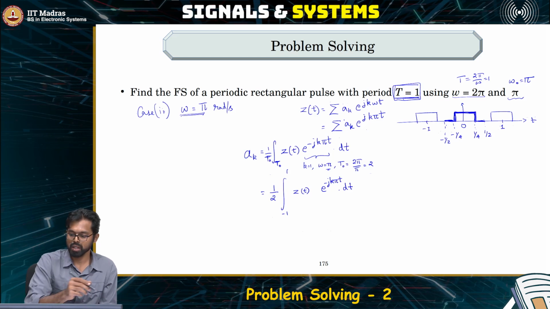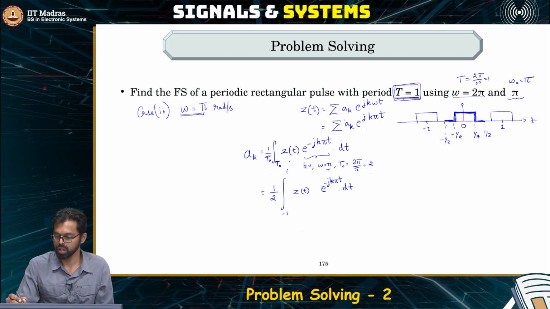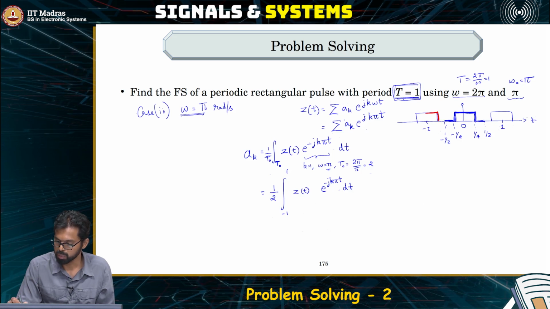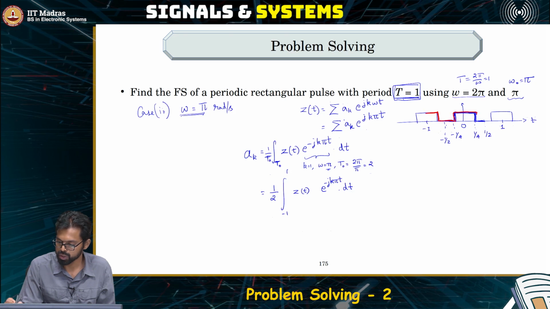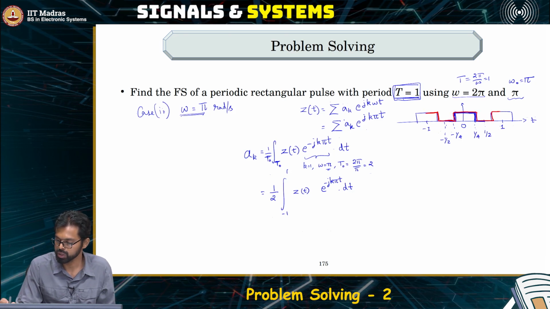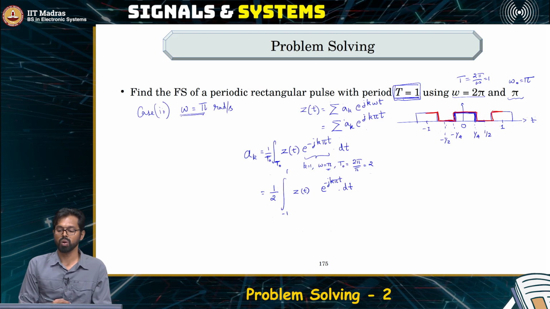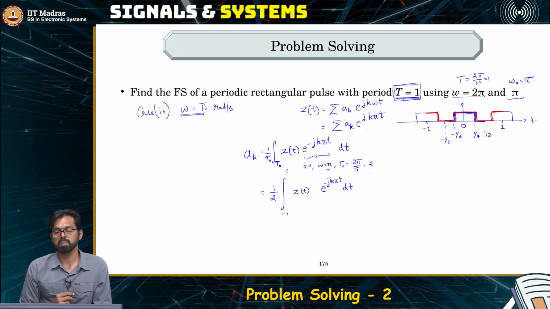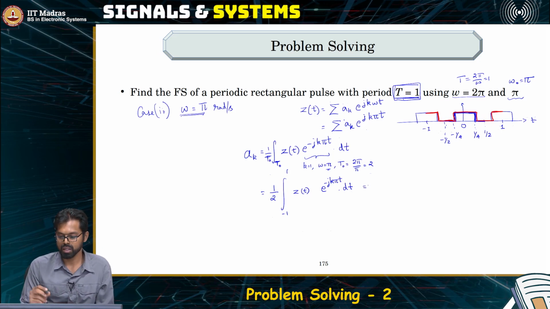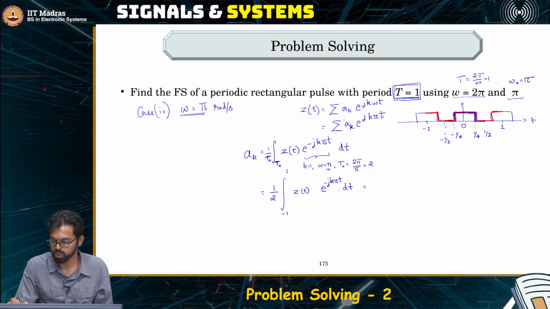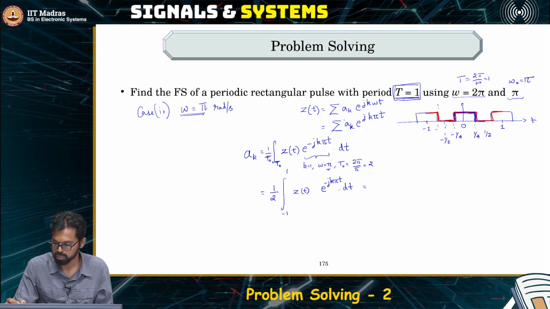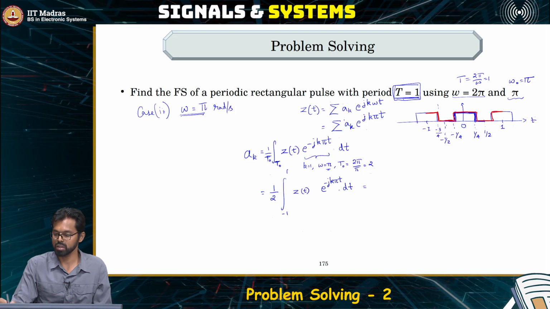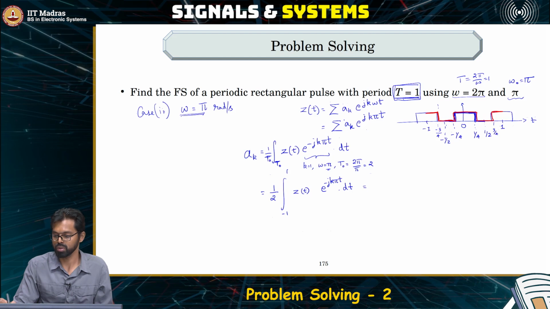Now, when you integrate from -1 to +1, we are integrating this portion of the rectangular signal. Earlier we used only one period, now we are using two periods. So this is the portion over which we are integrating. The signal is 1 from -1 to what is this point? This point is minus 3 by 4, and this point is plus 3 by 4.